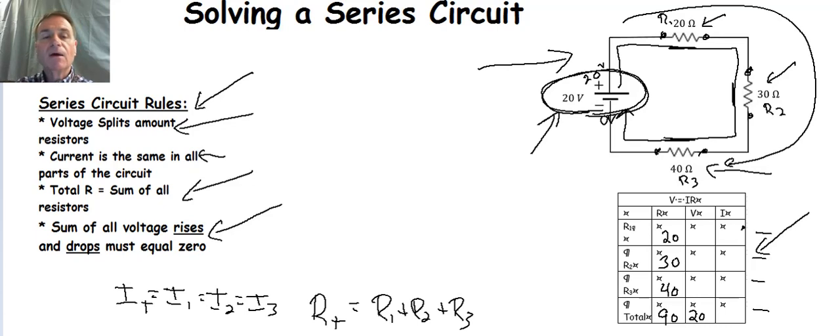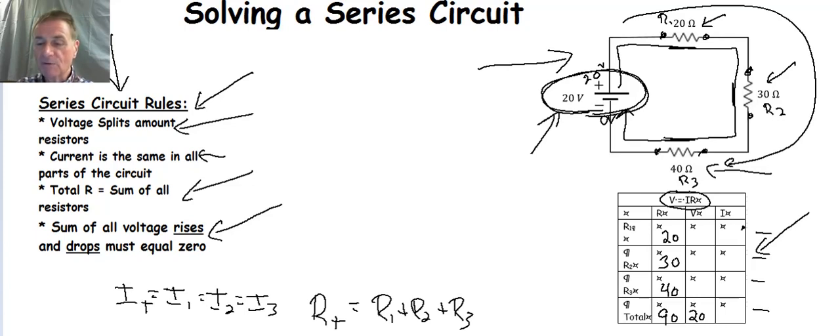Well, what did I say about our graphic organizer? I said we can use the series circuit rules on the left-hand side of the screen here to fill in or complete columns. We can use Ohm's law to fill in or complete rows. If in any one of the rows in the table I have 2 of the 3 pieces of information, I can get the third piece.